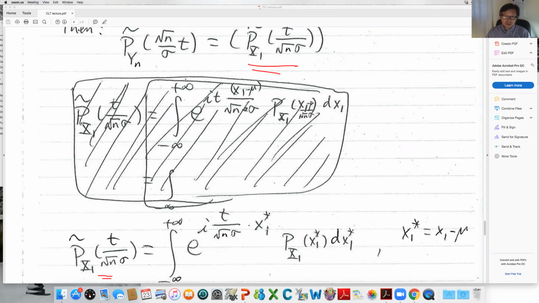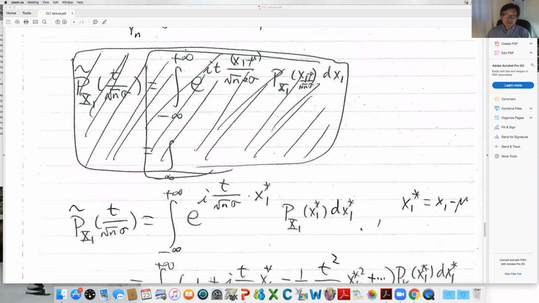We write it clearly out. Remember, this x1 is just this x1 minus mu. So this is just the definition of the Fourier transform. There's nothing to argue because this is our definition.